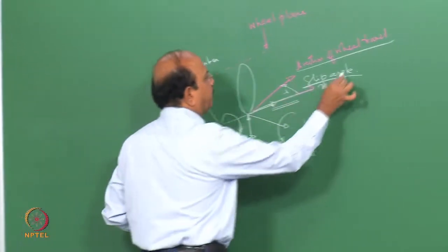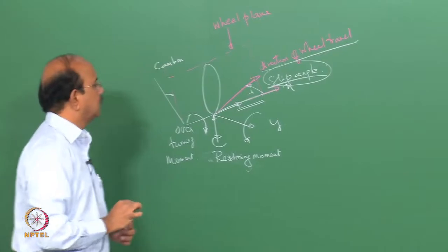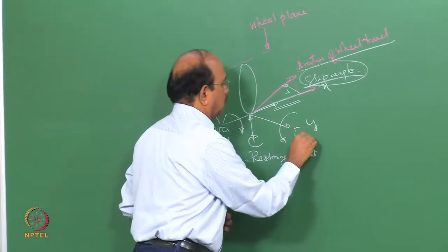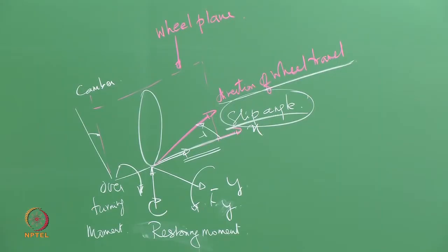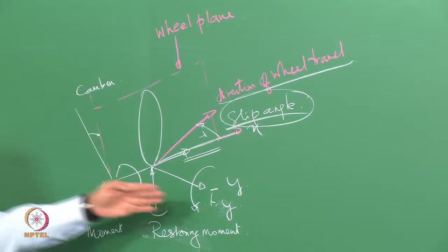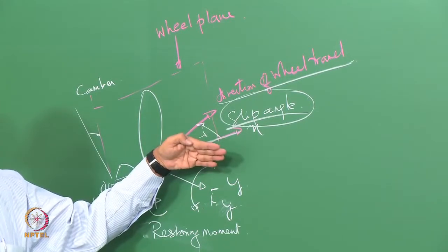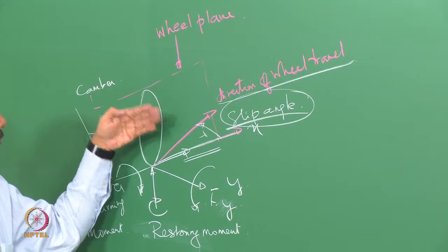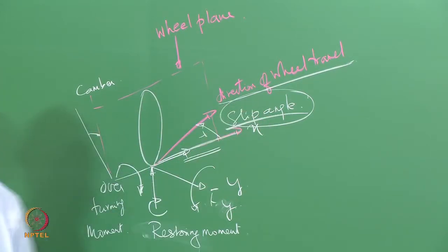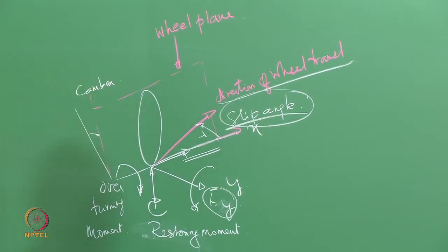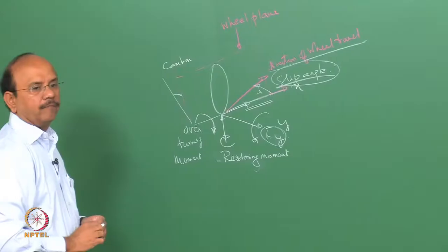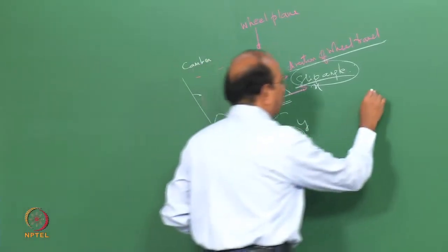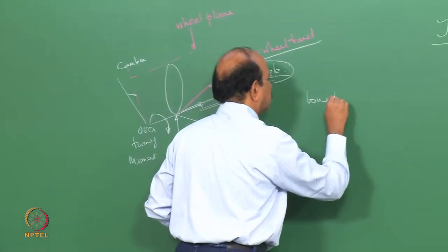Now, the slip angle is necessary to generate what is called a lateral force. If the lateral force is 0, the slip angle becomes 0, and the tire travels along the x direction. So in other words, lateral force is developed because of the slip angle. Let's call this the longitudinal force.